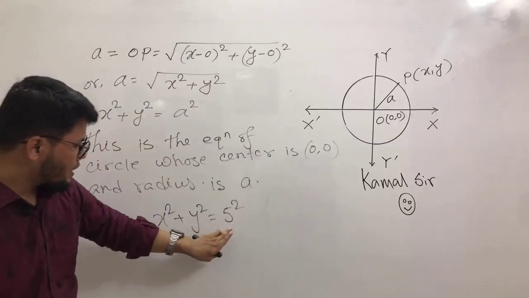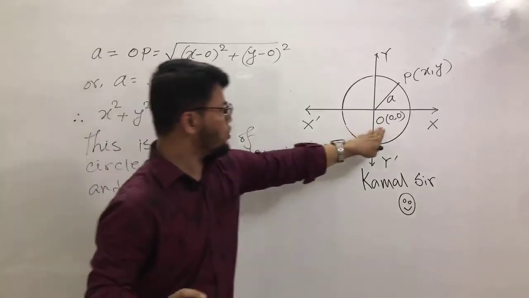This means the center of the equation is 0, 0 and radius is 5.